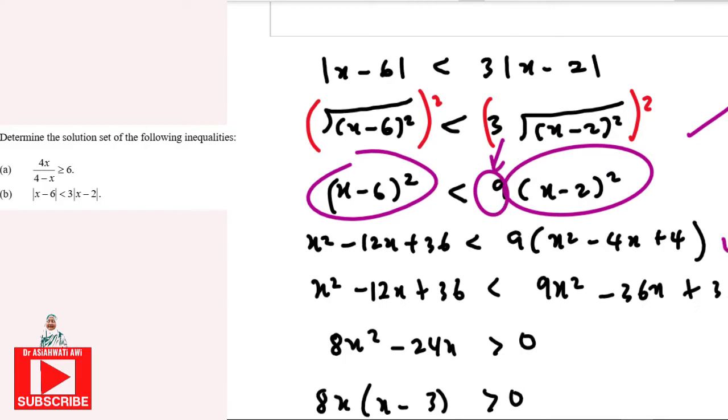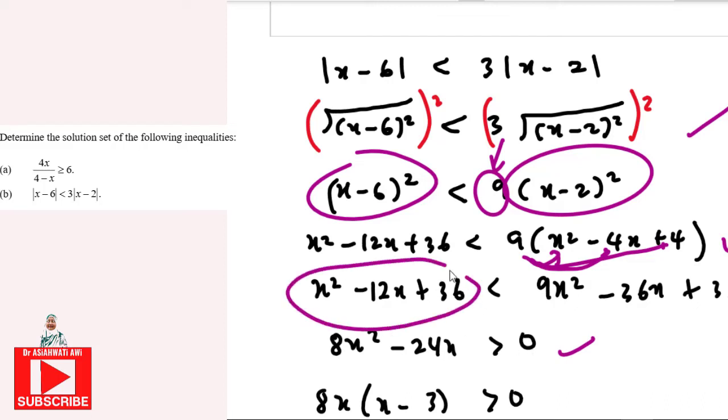Then we get this quadratic inequality. Expand 9 times x squared minus 9 times negative 4x, plus 9 times 36. Then simplify, you get the quadratic 8x squared minus 24x more than 0.